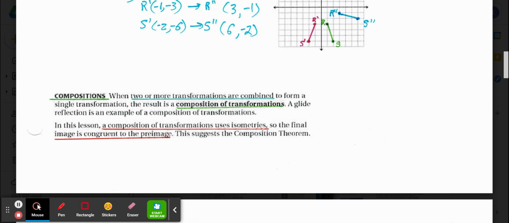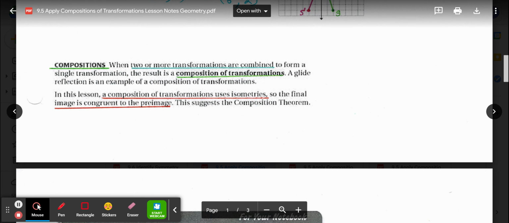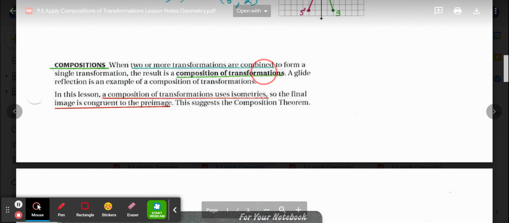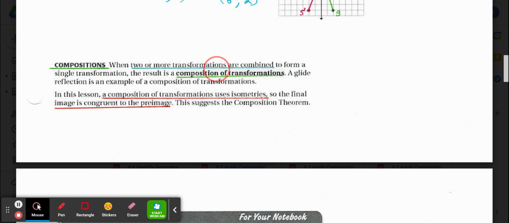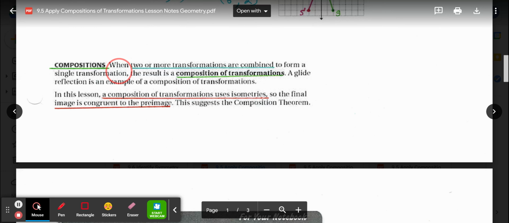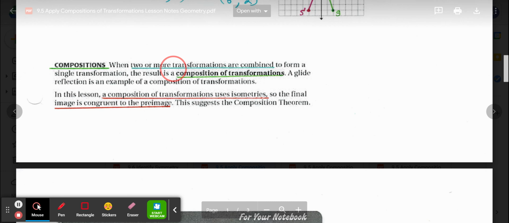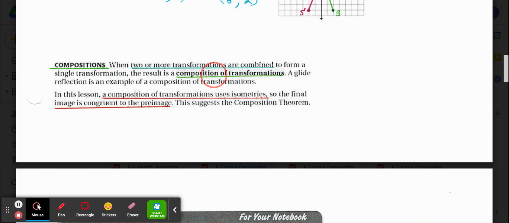The idea of compositions: when two or more transformations are combined and they form a single transformation, that result is known as a composition of transformations. A glide reflection is an example of those.